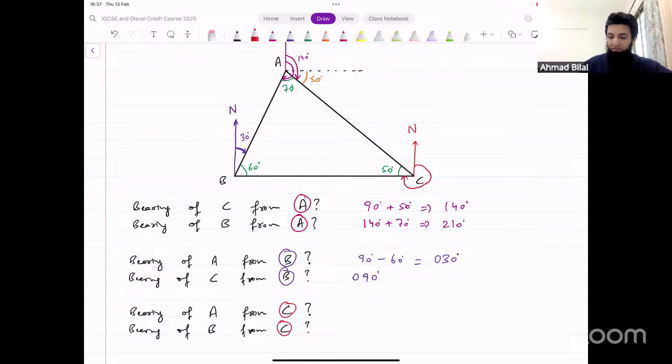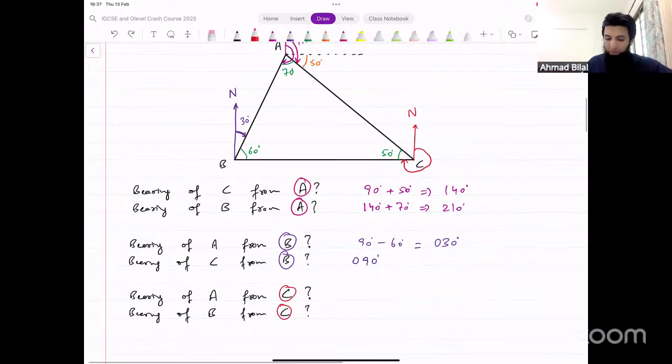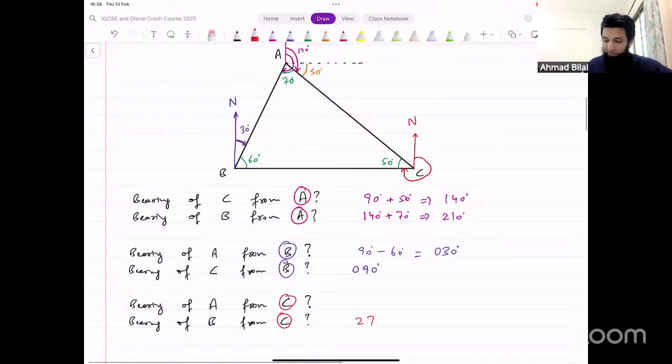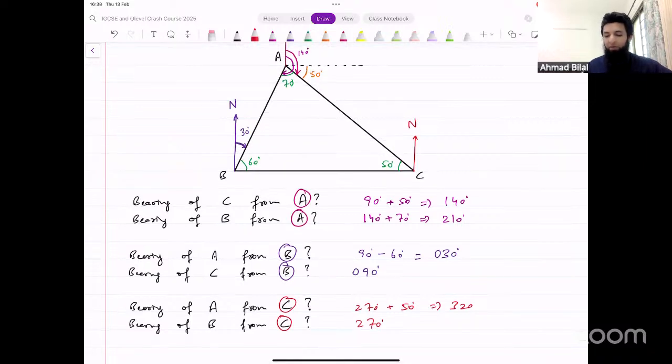That's easier. 90 plus 90 plus 90, that's 270, right? We can write that directly as well. B from C is 270 degrees. And what about A? For A, we can just add another 50 to it. 270 plus 50, that gives us 320. That's the bearing of A from C, and we also found the bearing of B from C.